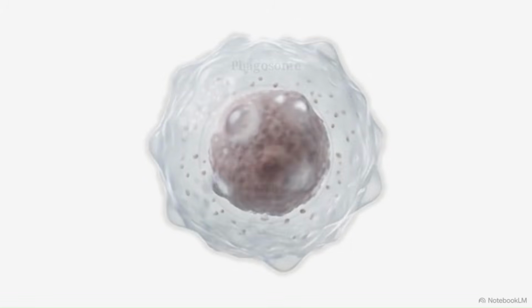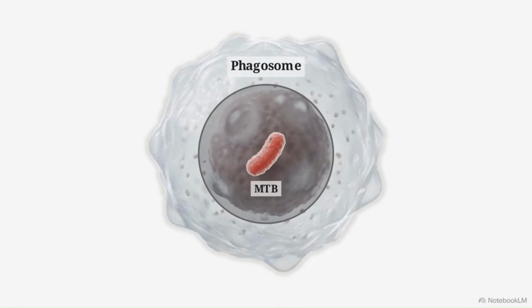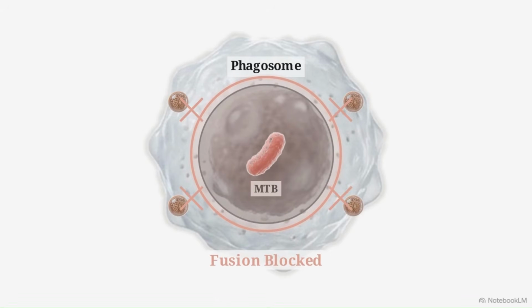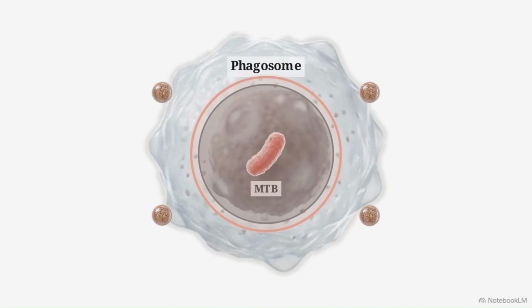Looking closely at this internal cell view, we see a survival paradox. The bacteria uses its cell wall to actively block phagosome-lysosome fusion. By preventing the macrophage from releasing its oxidative chemicals, the pathogen survives safely inside.